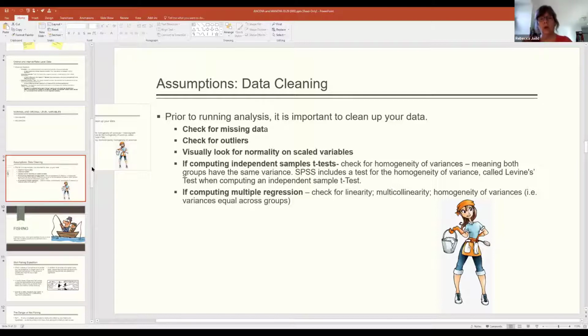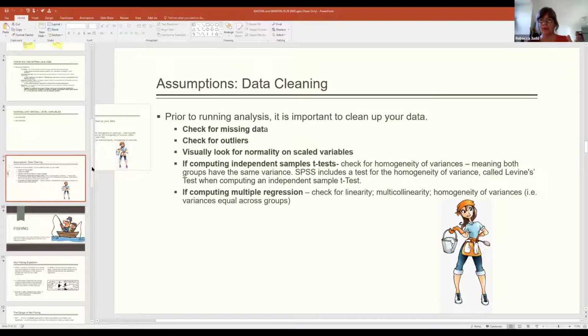The perfect world has you checking your assumptions before you start running your statistical test. Now, SPSS, as we've learned, as you run your test, you can click all those boxes and it'll bring your assumptions also forward. So it makes it much easier to do. So you don't have to run assumptions and then start running your statistical test.